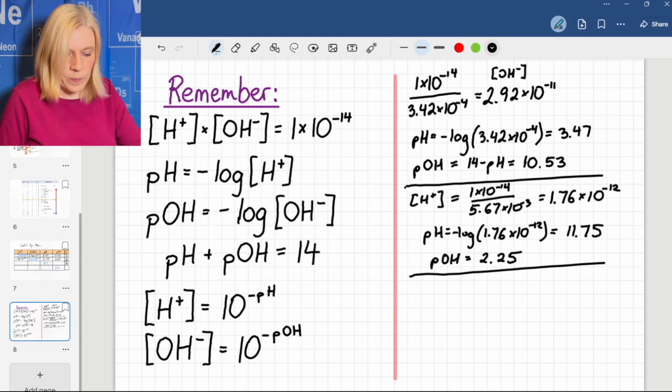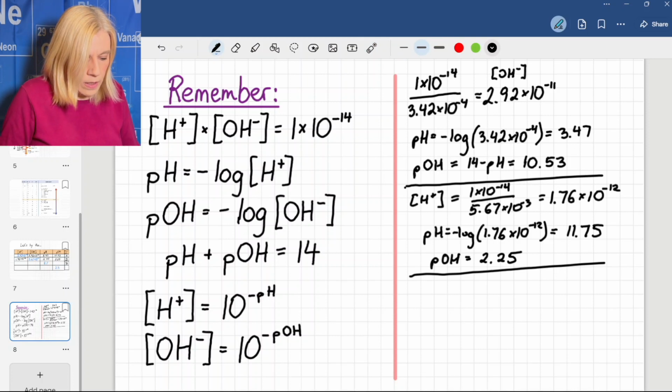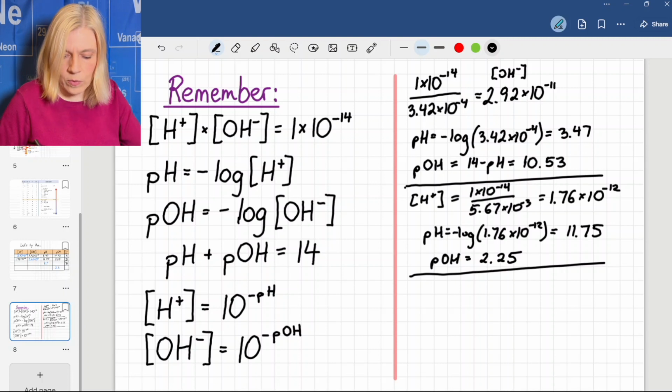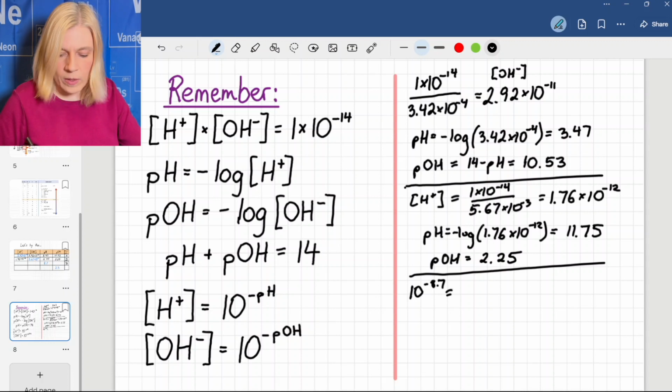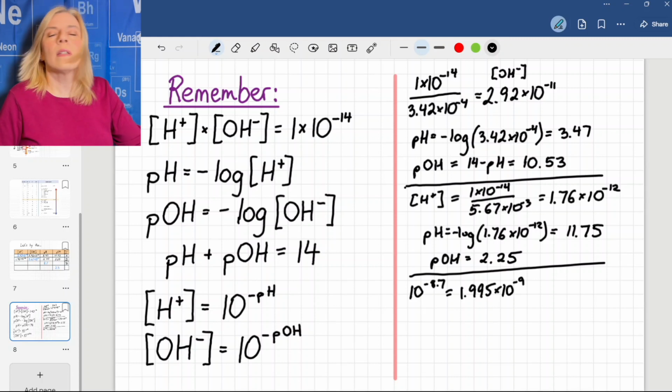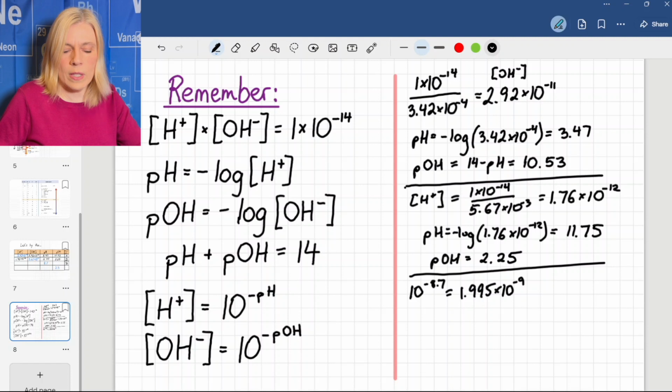So if I do 10 to the negative 8.7, I'm going to get 1.995 times 10 to the negative 9, which is very, very close to 2 times 10 to the negative 9.